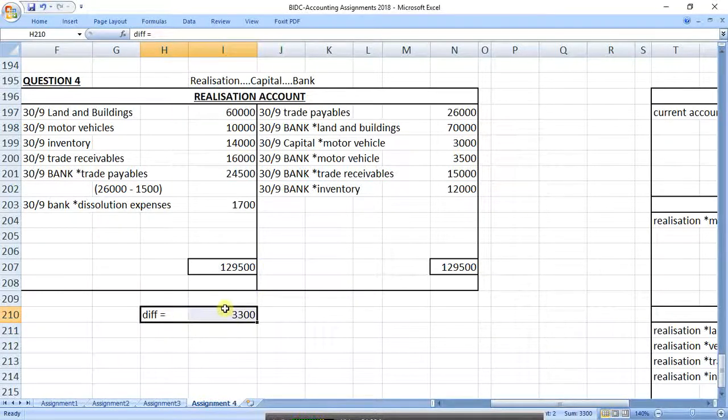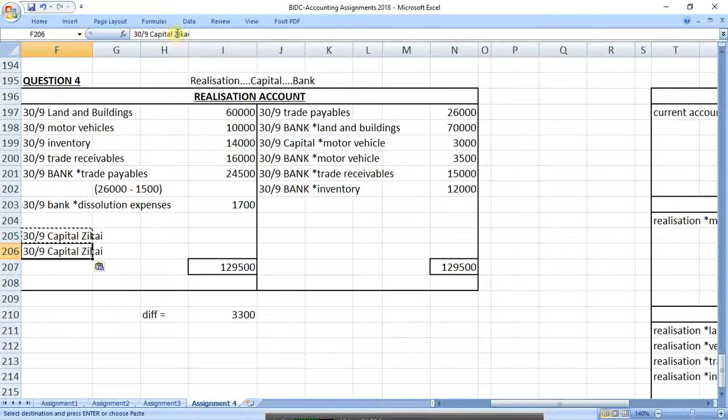Was everything shared equally here? No, it wasn't. Z and Y share profits and losses in the ratio 2:1. So 30th of the 9th, capital Z, Zakai, capital Y, Yash. How much is it going to be?